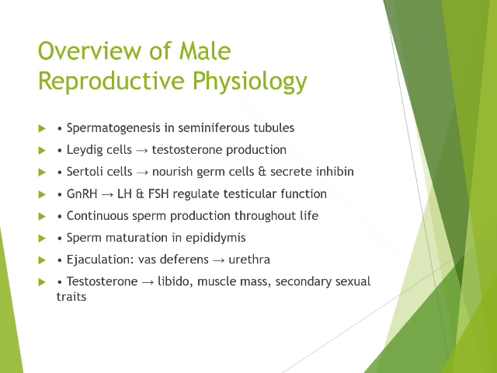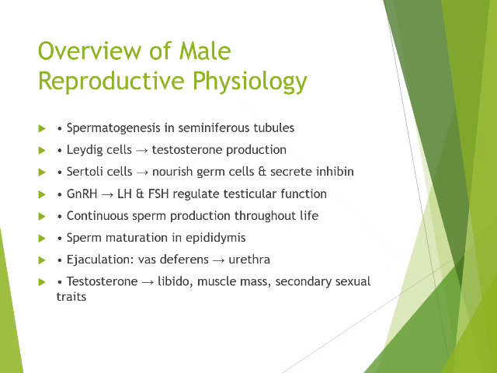Gonadotropin releasing hormone from the hypothalamus in the brain will control the luteinizing hormone LH and follicle stimulating hormone from the anterior pituitary. These glycoprotein hormones regulate testicular functions. The sperms will continue to be produced throughout life.